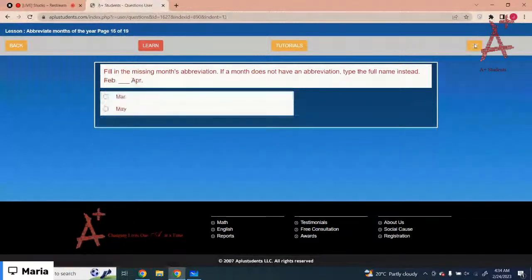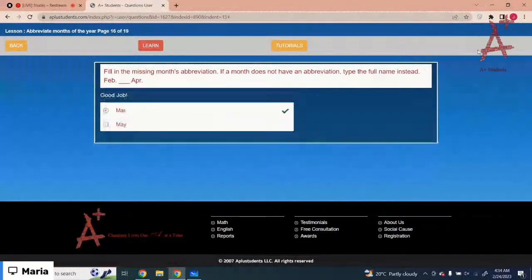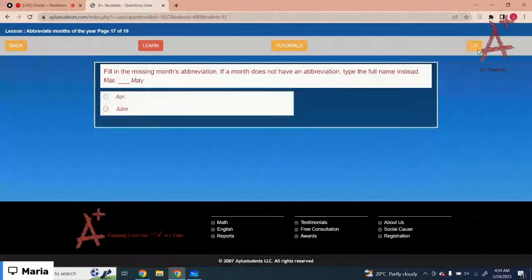Okay, the next one is February, dash, and April. Which is the month between February and April? February, March, April. Got it? It would be March. March, dash, and May. Which is the month between March and May? That is March, April, and May.